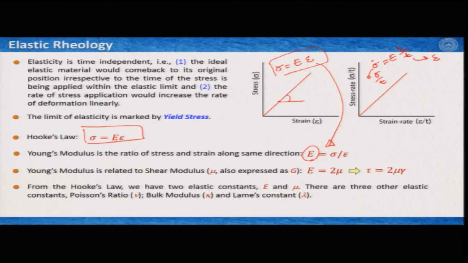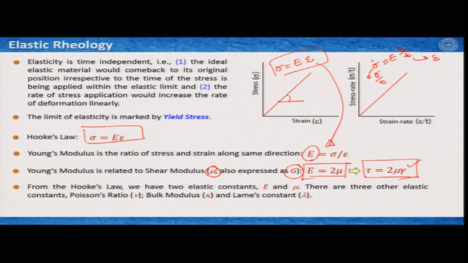So, if you shear this elastic material instead of extending it, then this is known as mu, and sometimes it is also expressed as G. So, you can equate Young's modulus to twice the shear modulus, and then Hooke's law takes the shape of tau equal to 2 mu gamma, where tau is your shear stress, mu, as we have explained, is the shear modulus, and gamma is your shear strain.